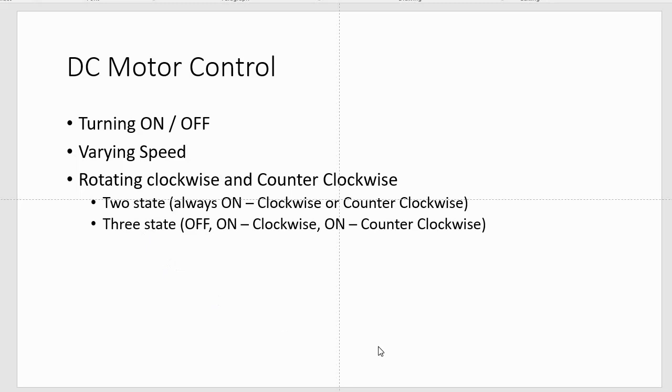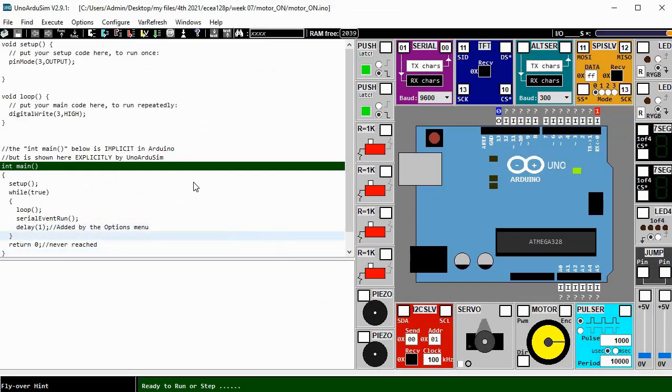So let us first start with the motor by turning it on and off. From the code last time, we used pin 3 and set it as output.